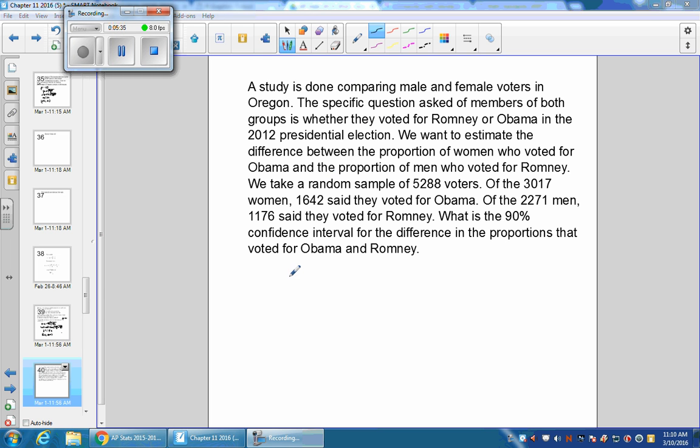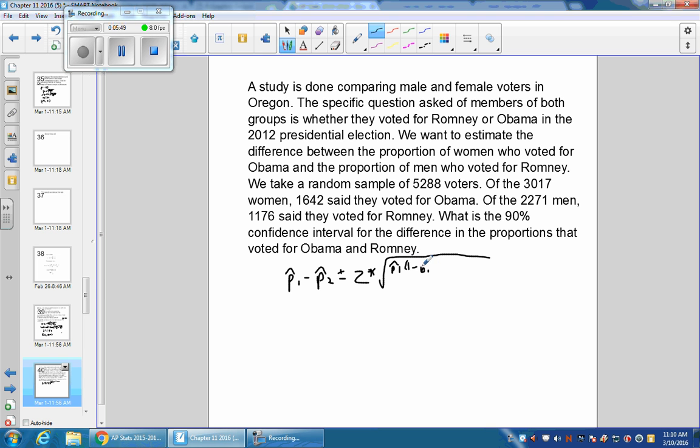So if we're going to do difference in proportions, we take both our p hats and subtract them. Since it's a proportion, we have to use our z star, and we're going to take our one proportion times 1 minus that p hat all over our n1, and then we're going to add it to our second one over n2.